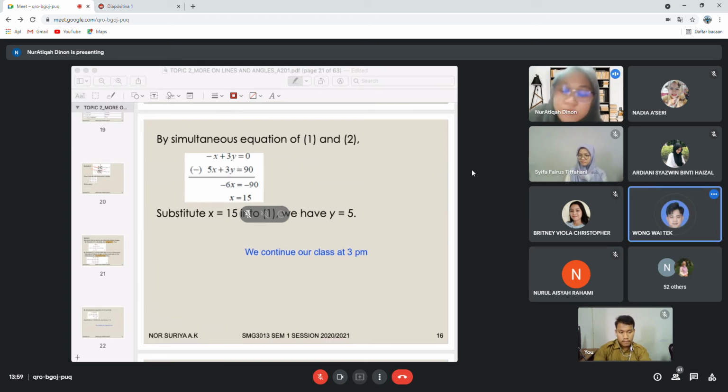Doctor, for that one, it should be theta 5 plus theta 6, right? Which one?